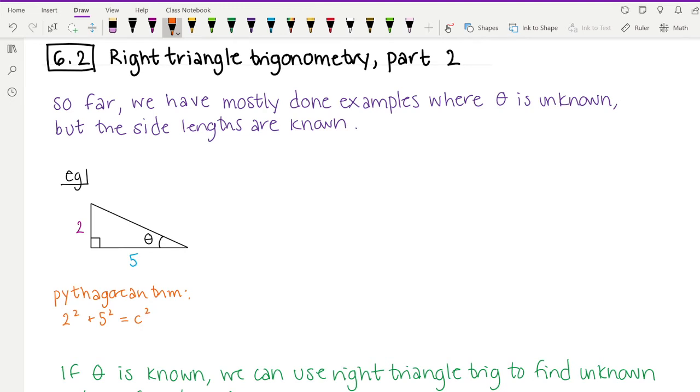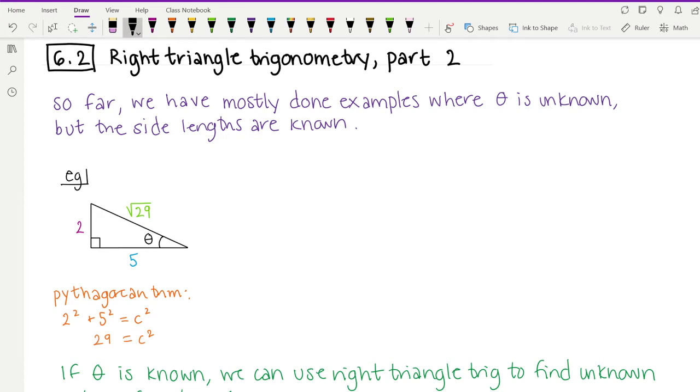And so we have 4 plus 25, so that's 29 is equal to c squared. I'm running out of space, so I'm not going to quite solve that, but that tells us that c is equal to the square root of 29, right? So that's our hypotenuse. That's not really part of the trigonometry part.